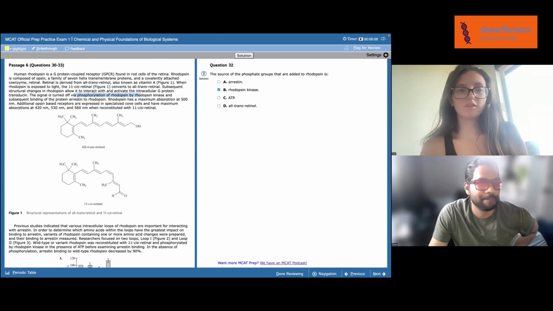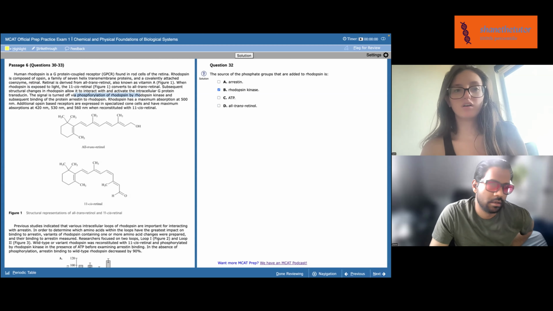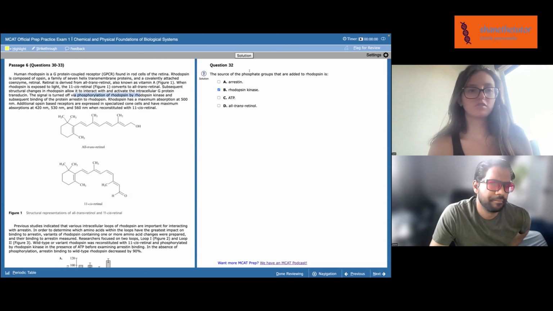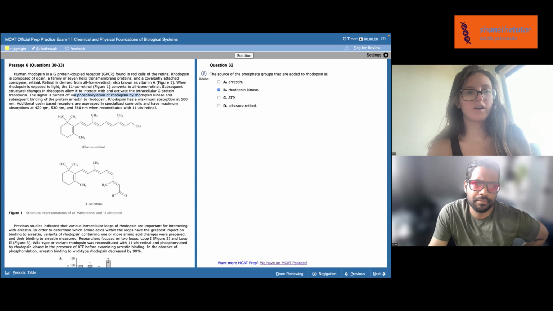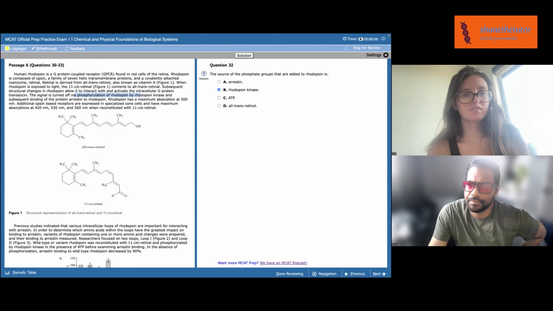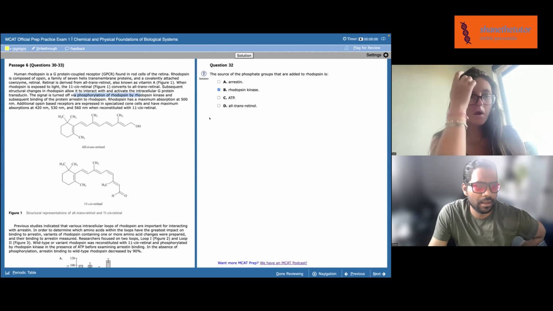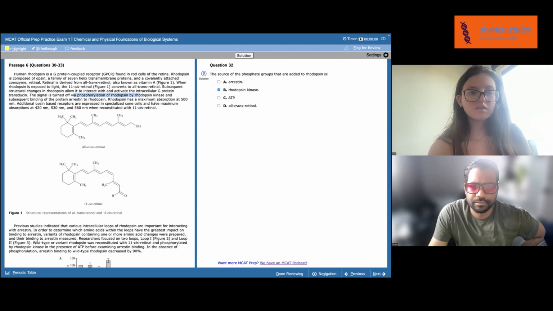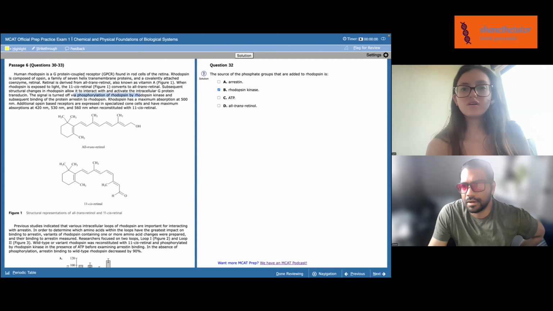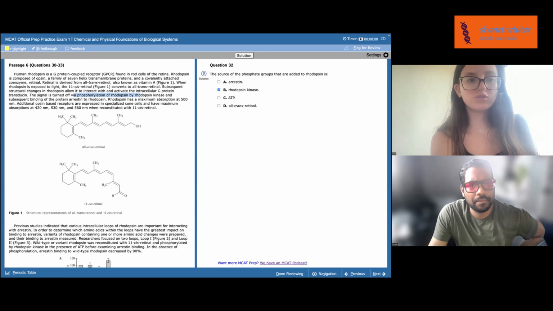I was saying that if it's phosphorylated, then it means it's getting rid of the phosphate group, not the source of the phosphate group. Signal is turned off via this. That are added to rhodopsin.